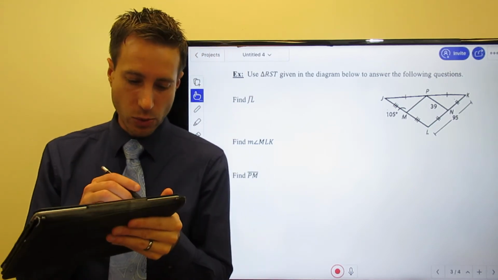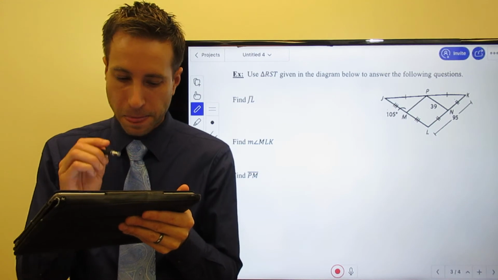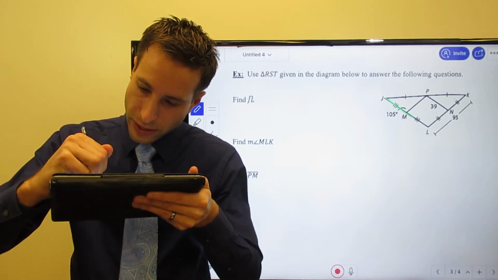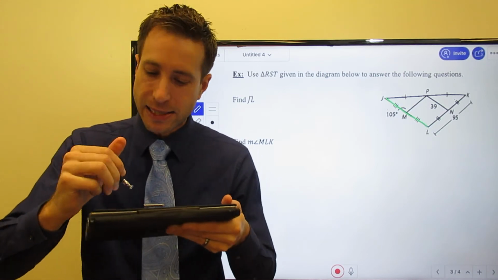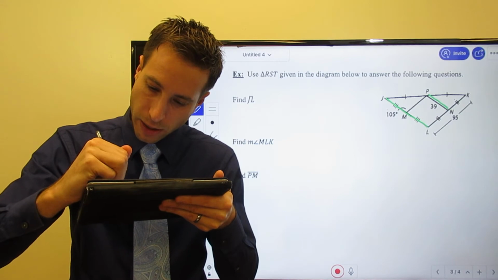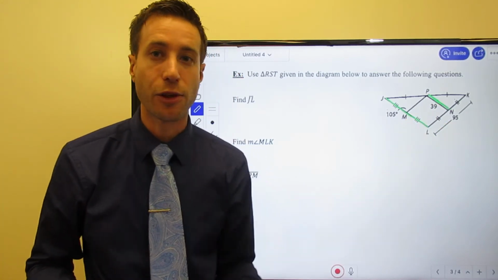Okay, interesting. So here's what we know. This is JL, right there in green, and the mid-segment that's parallel to JL is this one, PN. Now remember the property of mid-segments and the third side.